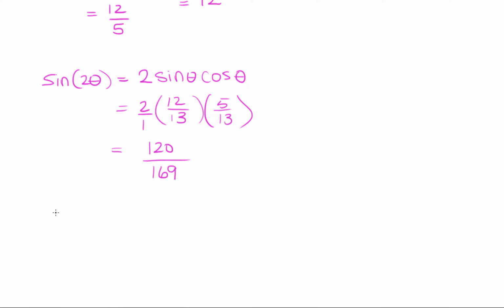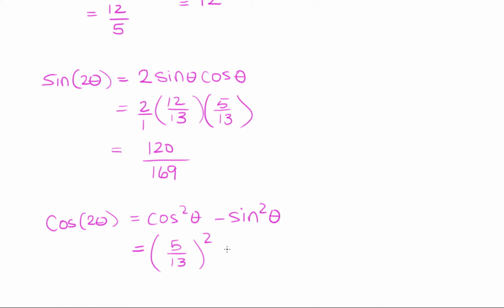Now for cosine of 2 theta, is cosine squared theta minus sine squared theta. What is that equal to? Well, what's cosine? Again, cosine is 5 over 13 squared minus 12 over 13 squared.